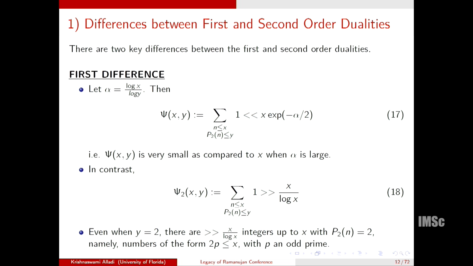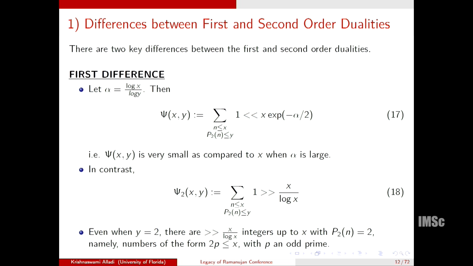Okay, so now I want to tell you a fundamental difference between the largest prime factor and the second largest prime factor. The fundamental difference is this really important counting function, psi(x,y). There's a typo there, it's largest prime factor less than or equal to y. So this is the number of integers up to x whose largest prime factor is less than or equal to y. This is actually quite small when y gets small compared to x.